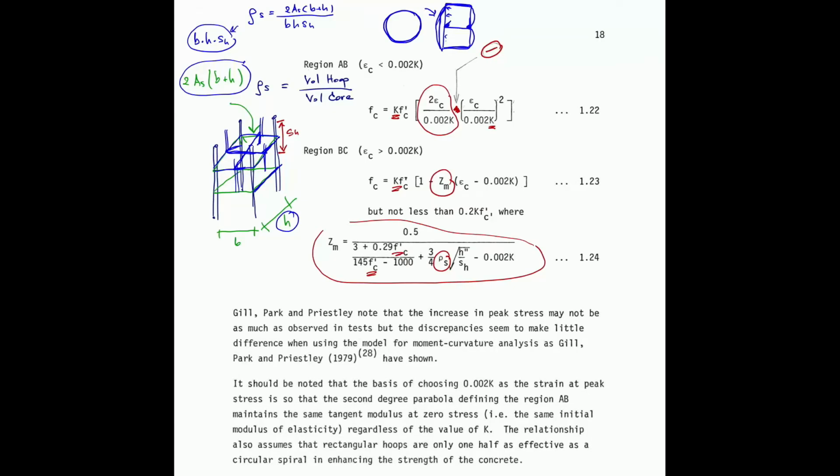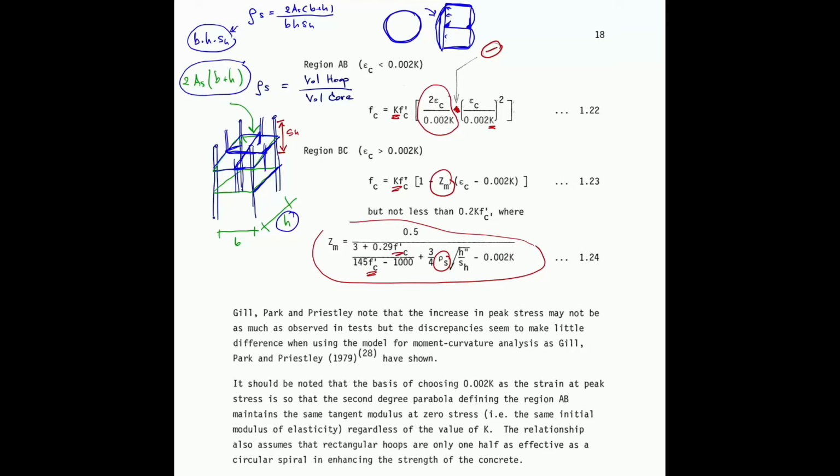We just throw everything into this ZM, and then you get the post-peak behavior of your concrete. Now we are going to shift back to Octave, and we will construct everything.